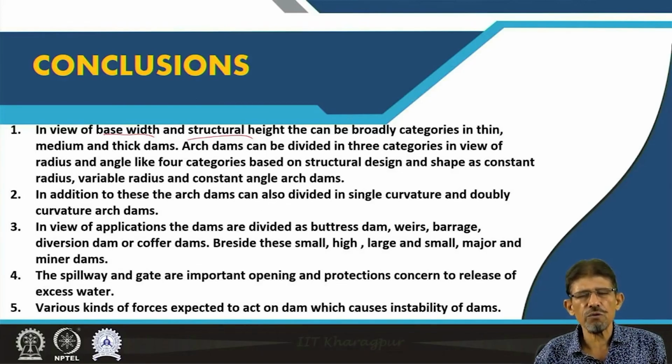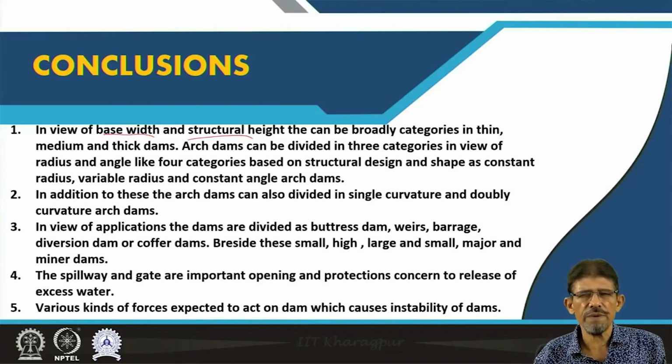In addition to the arch dam and other types of dams, we have varieties of dams based on usage, application and support in nature, such as buttress dam, barrage, piers, coffer dam.